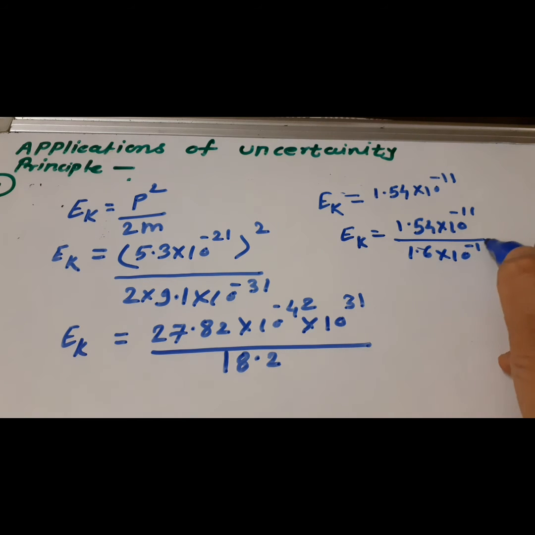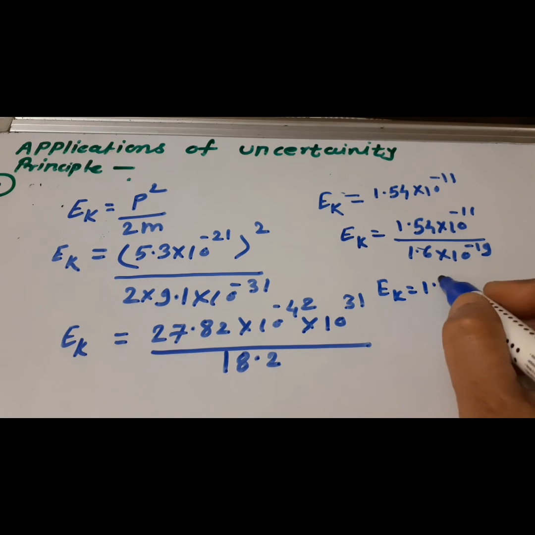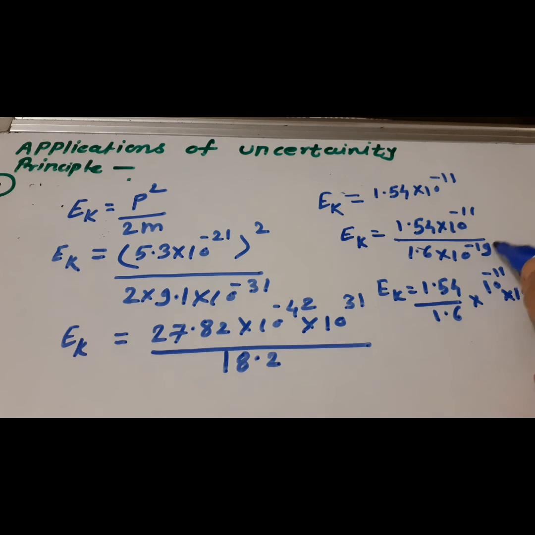Therefore, Ek is equal to 1.54 divided by 1.6 into 10 to the power minus 11 into 10 to the power plus 19. Because this 19 goes to the upward side, that becomes plus 19.